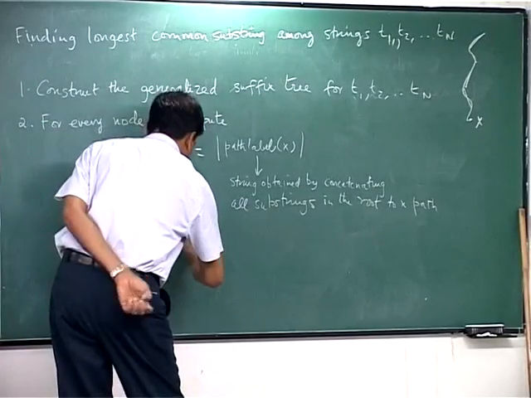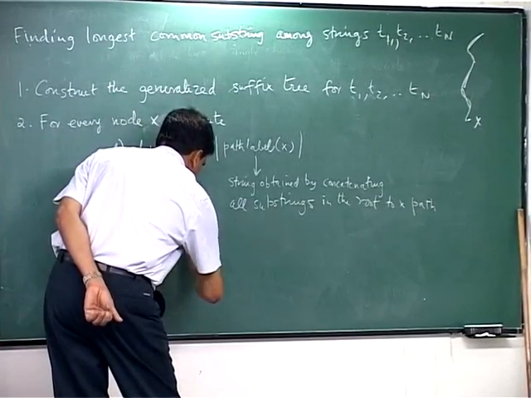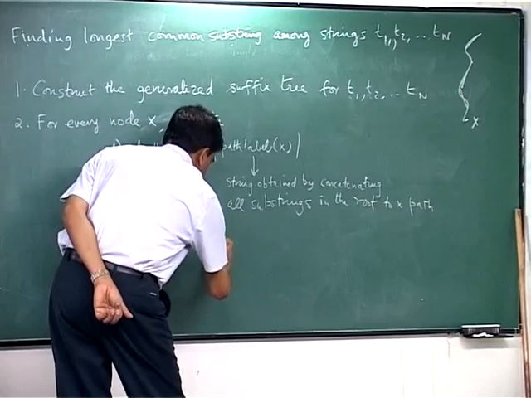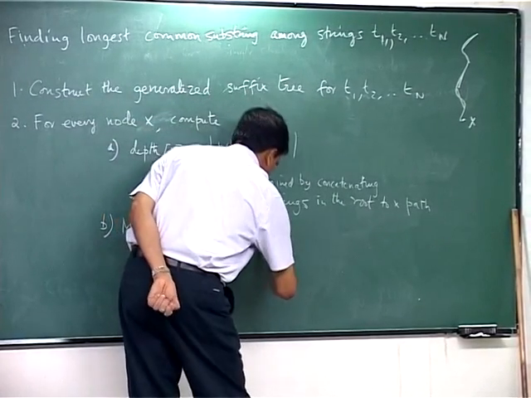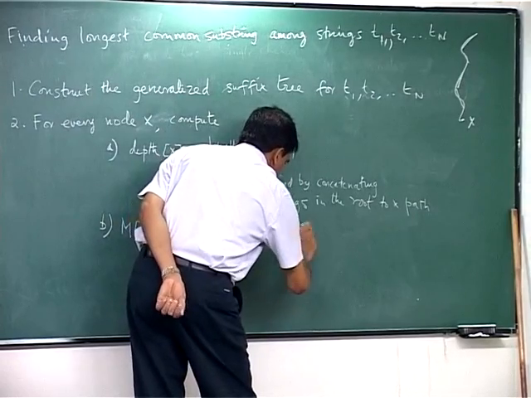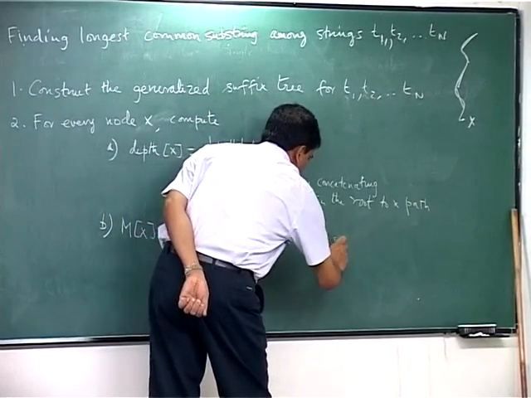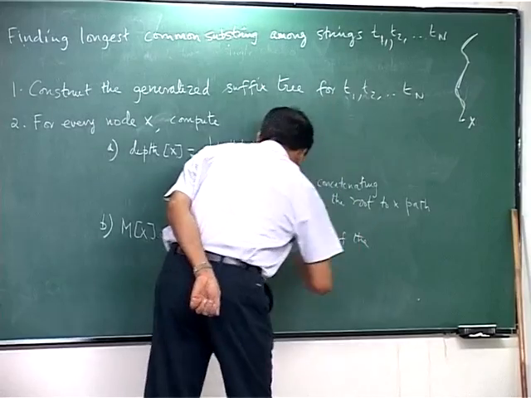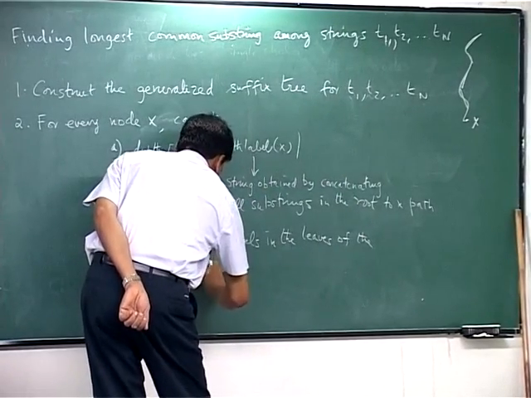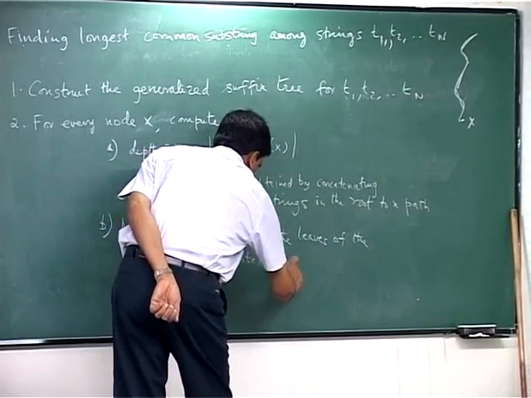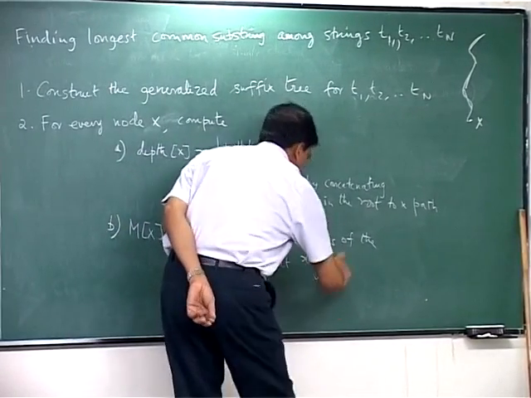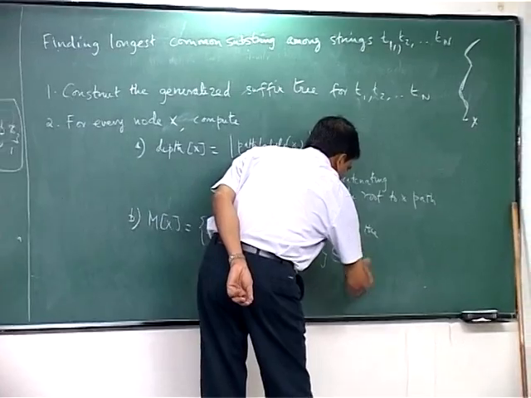It is the set of string labels in the leaves of the subtree rooted at x. Okay, so it's actually contained in 1, 2 up to n.